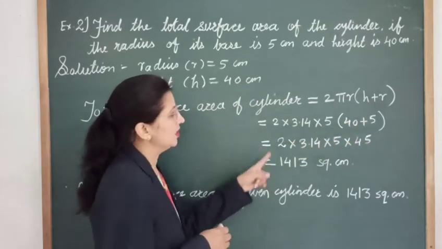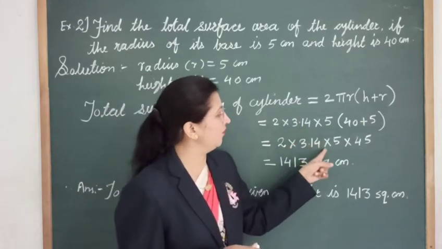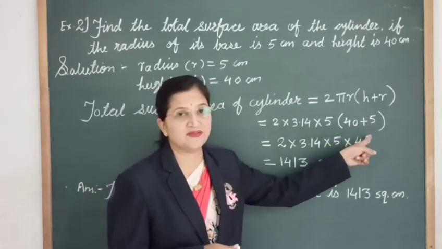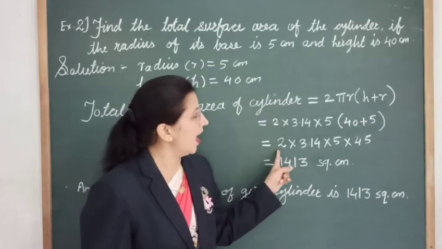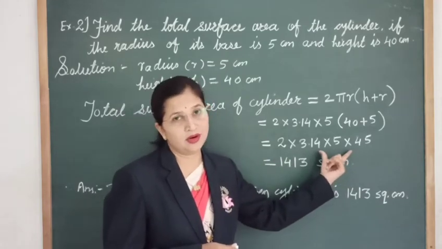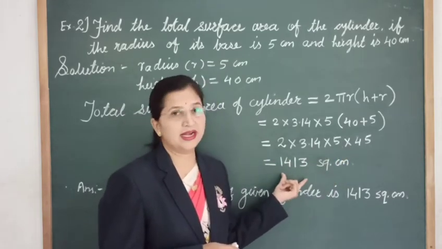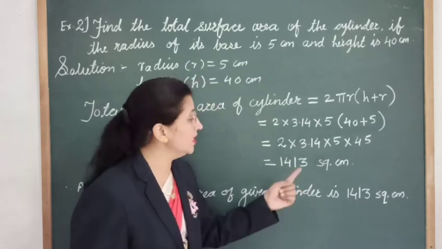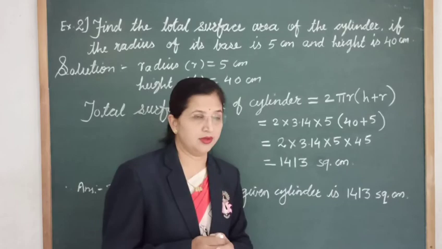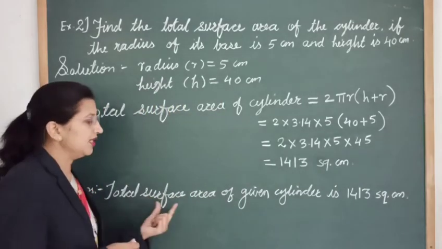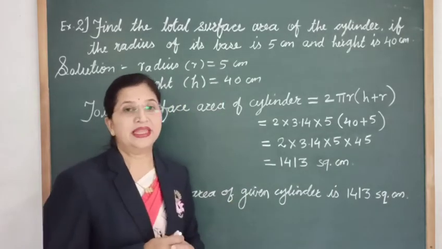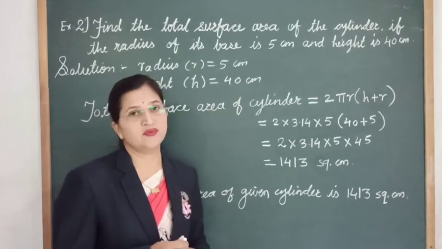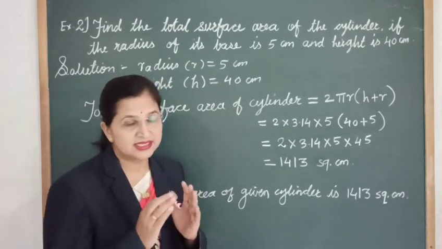Let's solve this. 2 into 3.14 multiplied by 5, 40 plus 5 that is 45. Taking the product, we get the answer 1413 square centimeter. So the total surface area of the given cylinder is 1413 square centimeter.